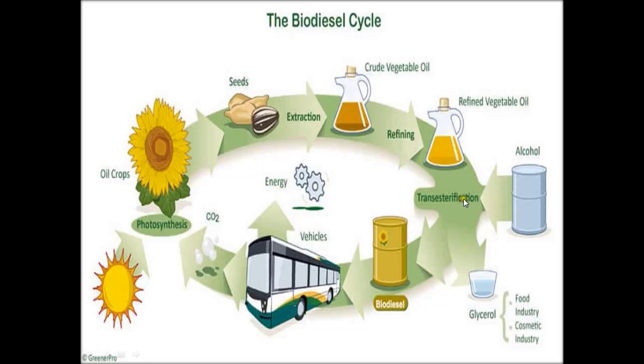After trans-esterification, you get glycerol as well as biodiesel. This biodiesel you use for vehicles. From the vehicles again you release energy as well as carbon dioxide, which helps the cycle to continue.